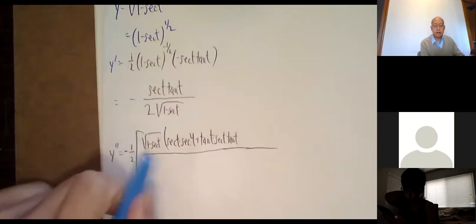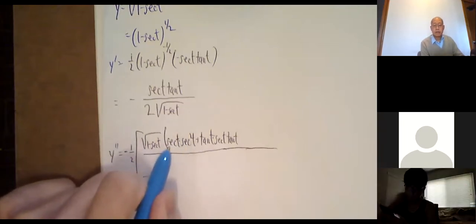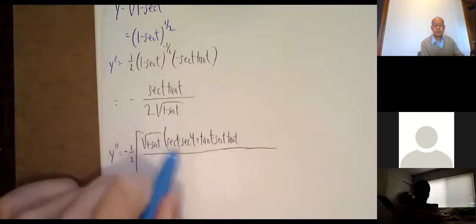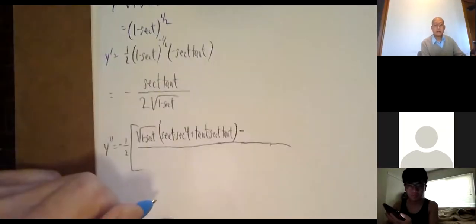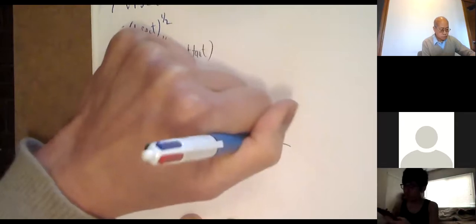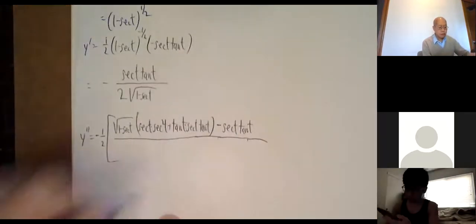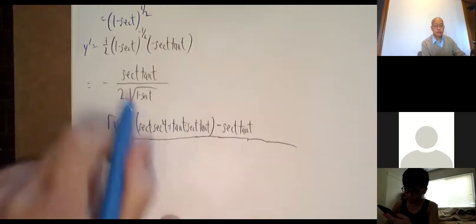So what did I do? Bottom times the derivative of the top. Derivative of the top is first times derivative of the second plus the second times the derivative of first. Minus top times the derivative of the bottom. Okay, we just did that.